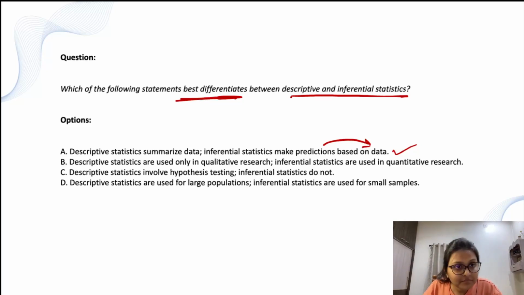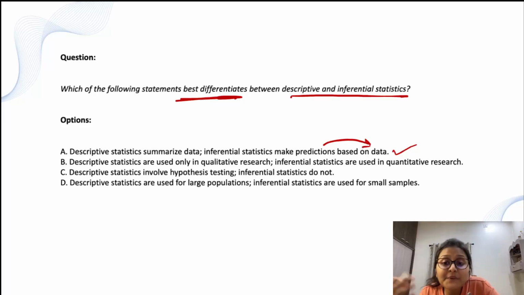So let us judge option B. Descriptive statistics are used only in qualitative research. Now, we can't say that descriptive statistics is only used in qualitative research, because it is used in both qualitative as well as quantitative research. They help to summarize and present the data in a very meaningful manner, regardless of the data type.